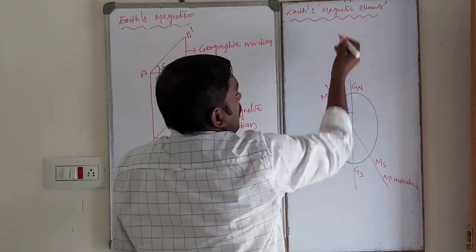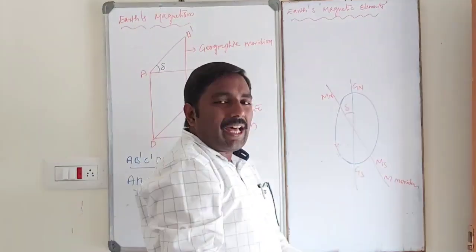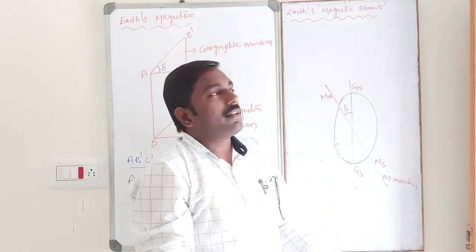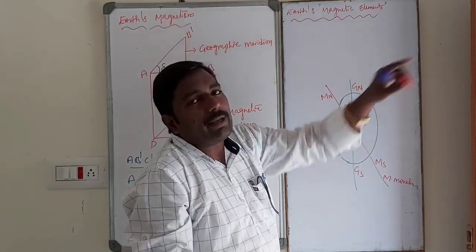The elements which describe the Earth's magnetic field at any point are known as magnetic elements.